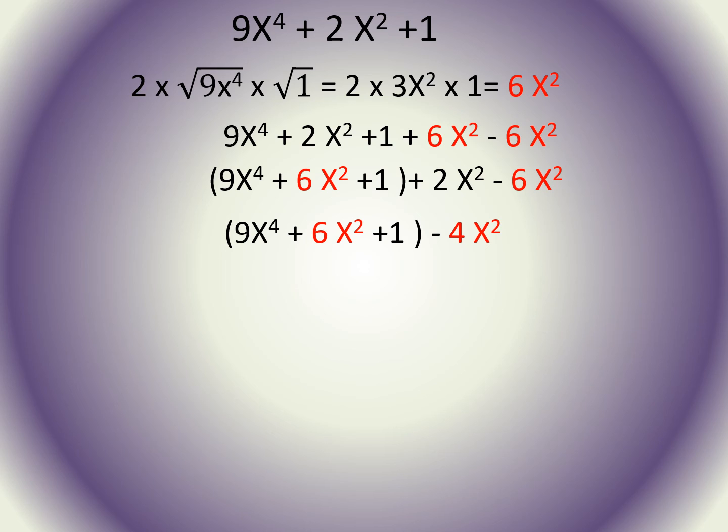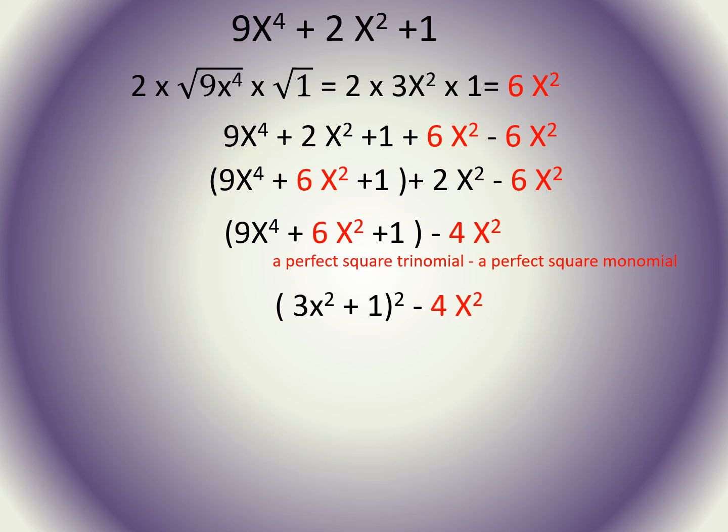Then let's put it in the form of difference between two squares like this. The first power 2 minus the second power 2 is called difference between two squares.